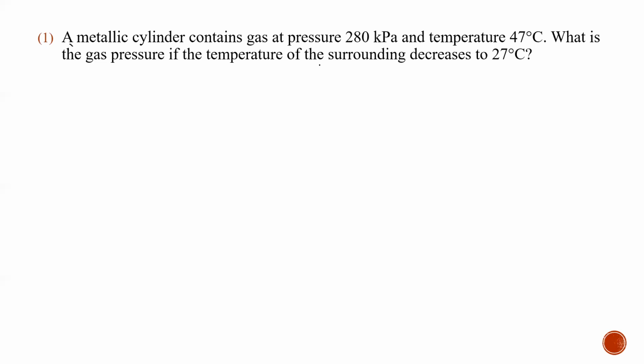All right, so now a metallic cylinder contains gas at pressure 280 kilopascal and temperature 47 degrees Celsius. What is the gas pressure if the temperature of the surrounding decreases to 27 degrees Celsius?